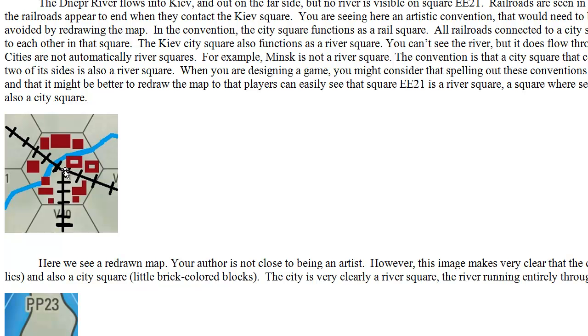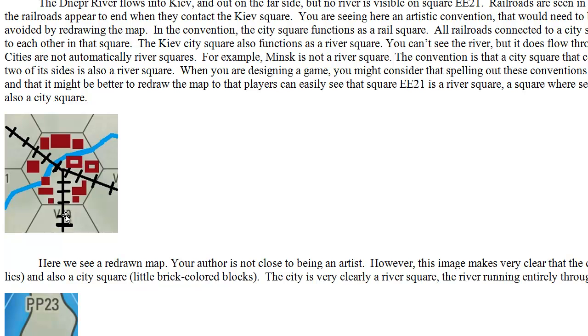That continuity is important for two reasons. First, if you are moving along a railroad from square to square to square, you must move along the railroad tracks if you are using rail movement. If the three rail points were not connected in the middle, it would be unclear that you could use rail movement to go from here to here to here.